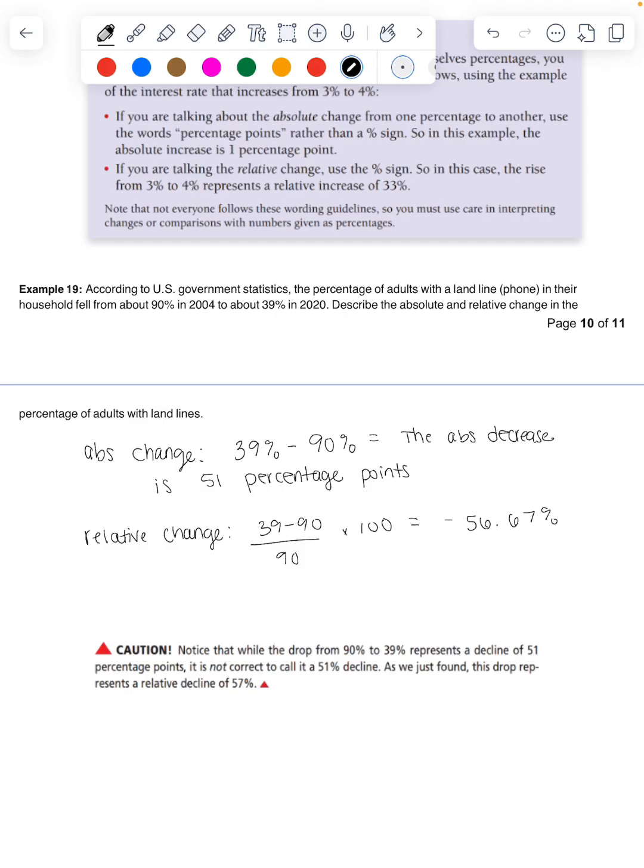So we have a relative decrease of 56.67%.